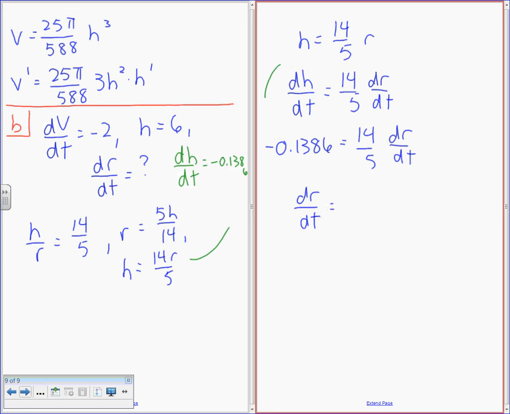Liam, can you solve for dr by dt, please? I got it, because this is times 5 divided by 14. So negative, something a little smaller, 0.0495.